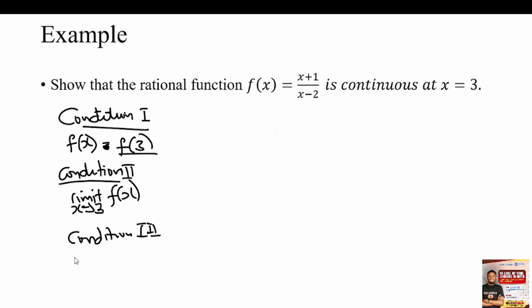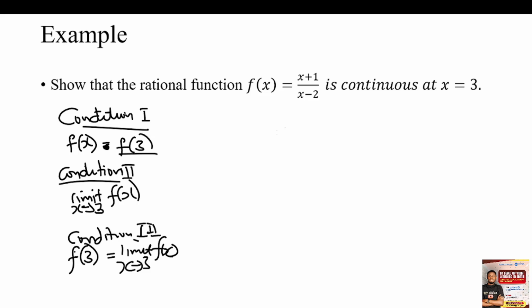So in this case, we will say that the function defined at 3 is equal to the limits of that function as x approaches 3. So if these three conditions are satisfied, then it means that the rational function is continuous at 3.